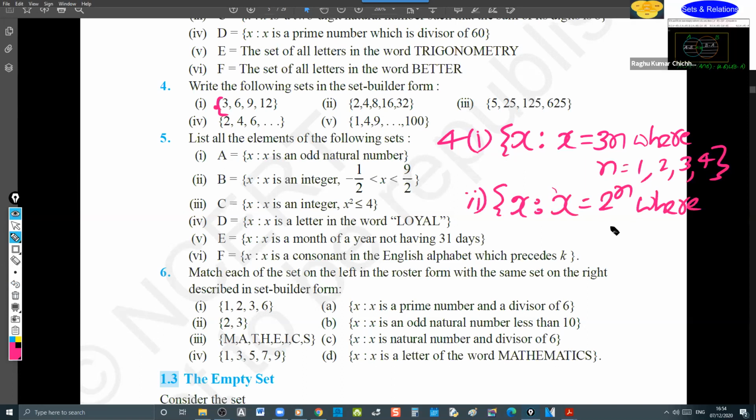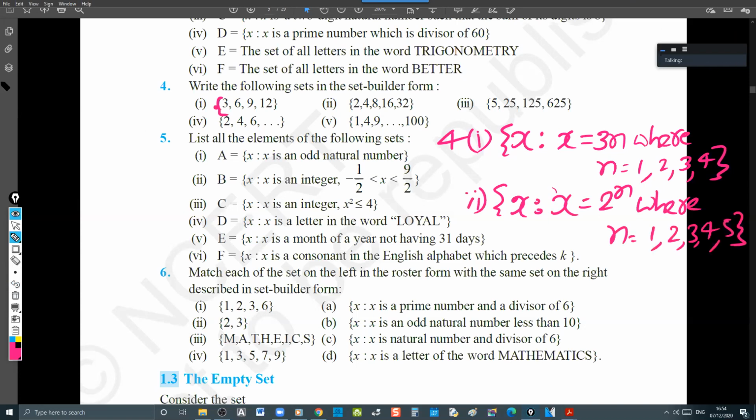Then the second one done. And for the third one, x such that x equal to 5 power n, where n is equal to 1, 2, 3, and 4. That's good.